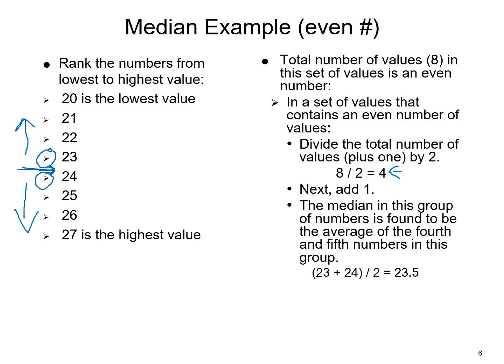So we know that our value is somewhere between value number 4 and value number 5. So in order to determine that, we just get the average. So if we add those two values up, divide by 2, that gives us 23.5. So we know that 23.5 does fall right in between these two values. So the median for these particular numbers is 23.5.